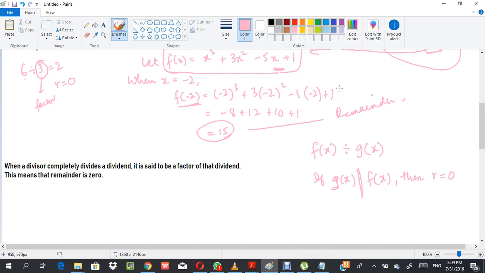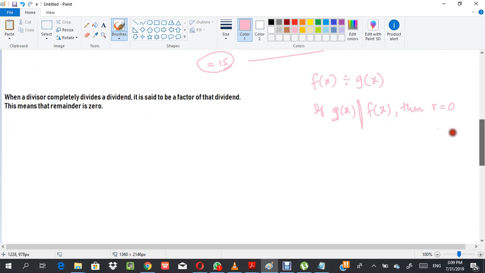Let's try to understand it this way. I'll give an example. Maybe I have a polynomial x cubed add bx squared minus 3x plus 5. I have been told that it has a factor 3x plus 9.